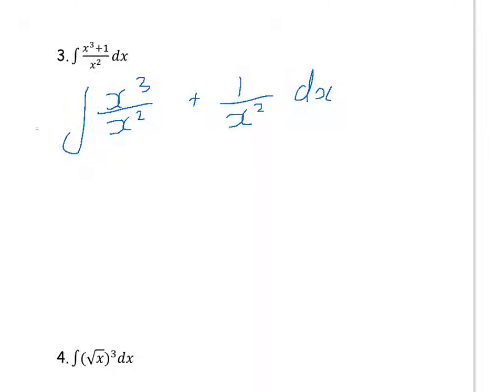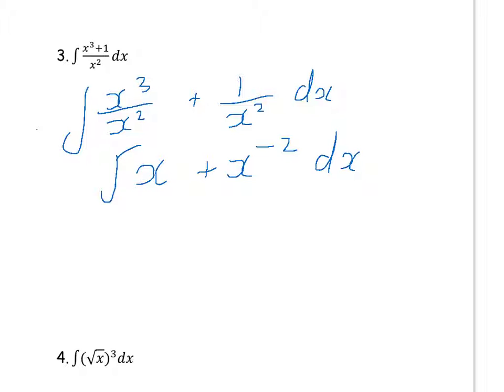And then we want to tidy this up and collect together like terms. So x cubed divided by x squared, you should know, just turns to x. And from the first question we did, 1 over x squared is x to the power of minus 2.